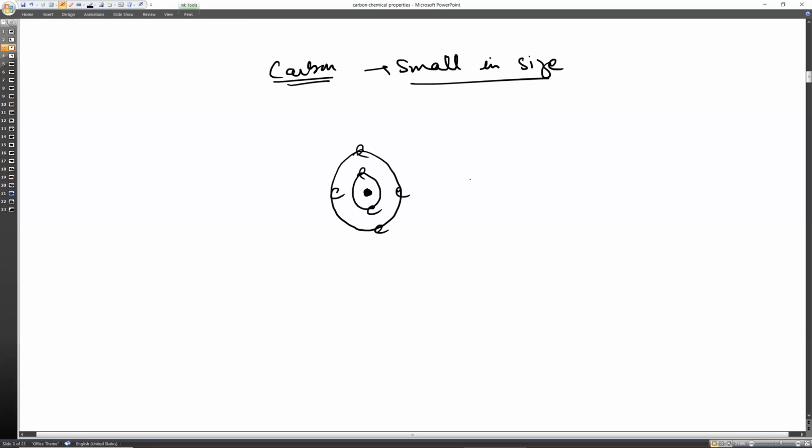As a result, it can combine with other carbon atoms or other elements, and because of this small size, the bonded pair of electrons that make the bond, like for example these hydrogen atoms combining together, are nearer to the nucleus.